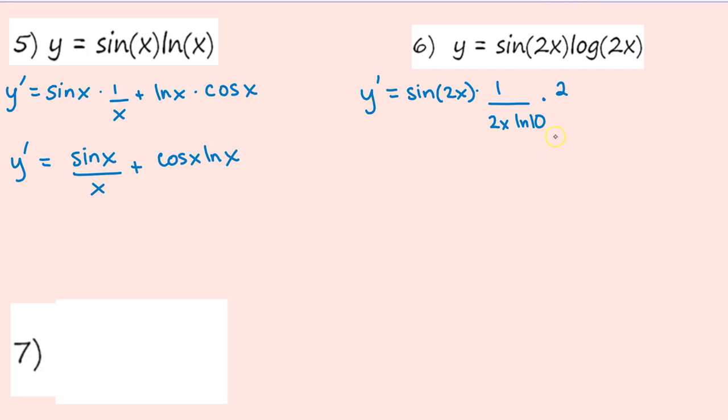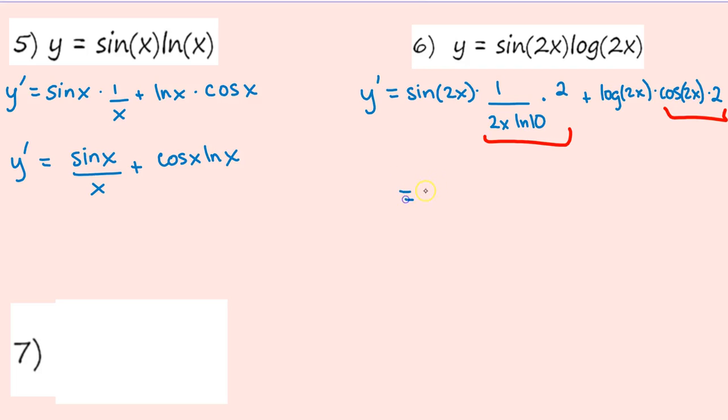So this whole thing here is the derivative of the second, plus the second times the derivative of the first. So the derivative of sine of 2x would be cosine of 2x times 2. So we're using the chain rule. Right here we used the chain rule, and right here we used the chain rule.